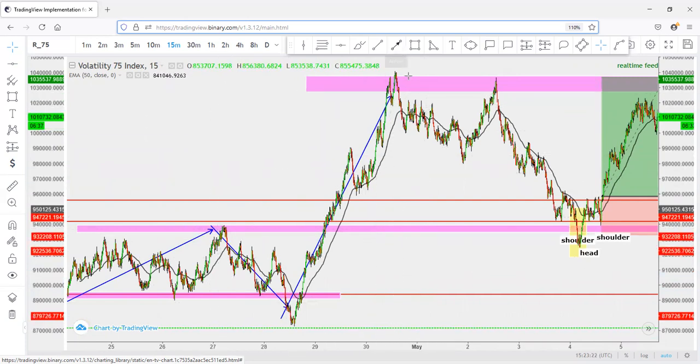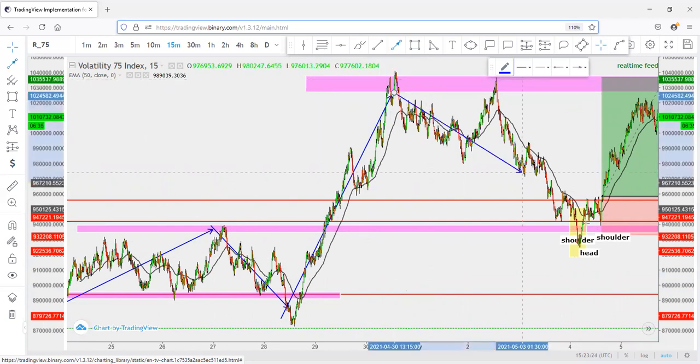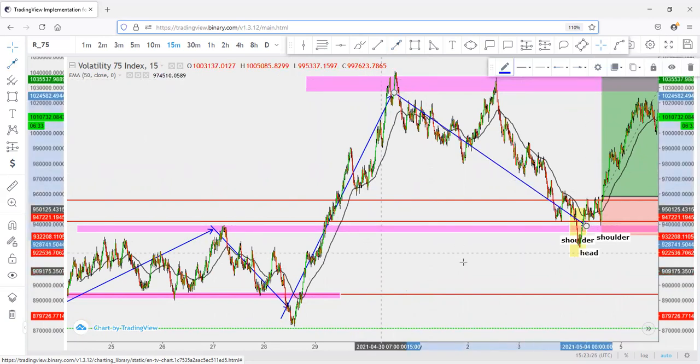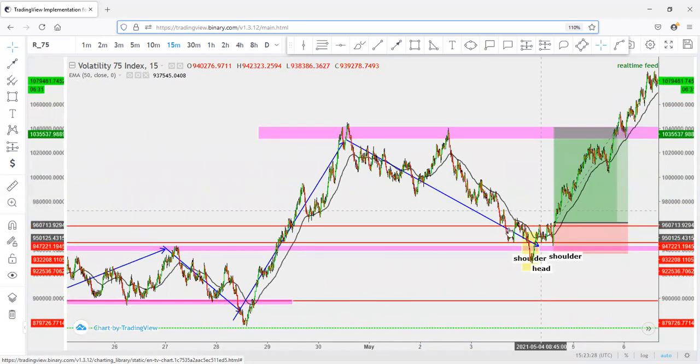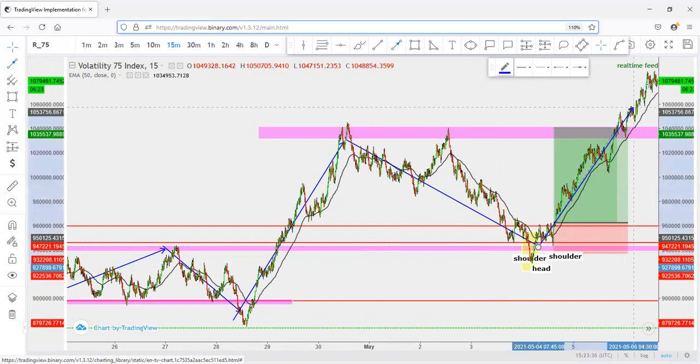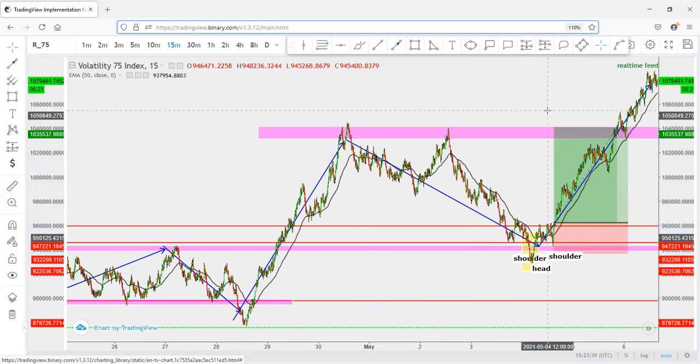So all you need to do is wait for this price action to drop, retest your structure, look at your entry at this area, and then take your entry with a continuation based on the market structure. That's it, guys. It's very simple.